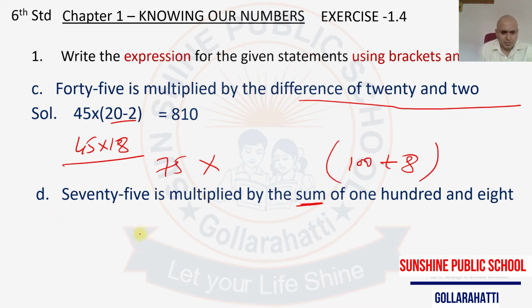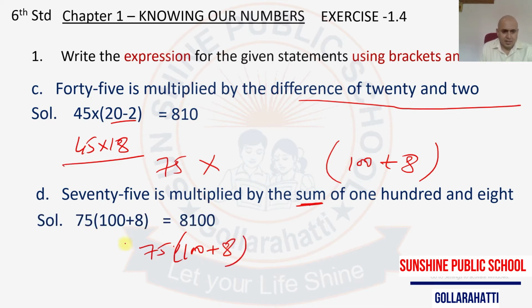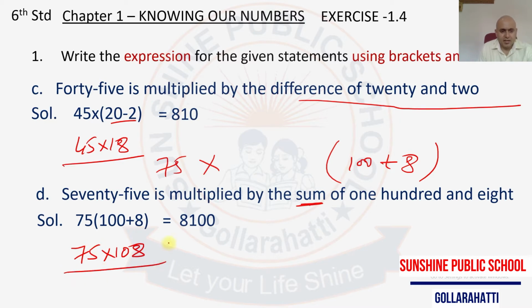Okay, this is the expression, 75 into (100 plus 8). And then you have to add 100 plus 8, that is 108, and multiply it with 75. If you multiply 75 and 108, the product is 8100. Okay, this is the answer.